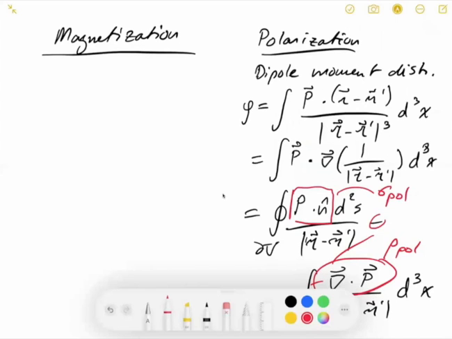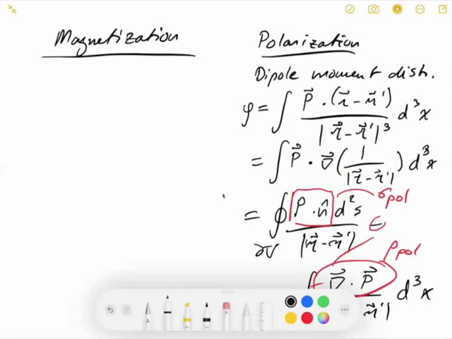So the starting point here was the potential of a dipole, which was phi equals d dotted with r vector over r cubed. And now we're going to do the same thing for magnetism, but now we're actually using the vector potential, which is the vector potential due to m crossed with r over r cubed.